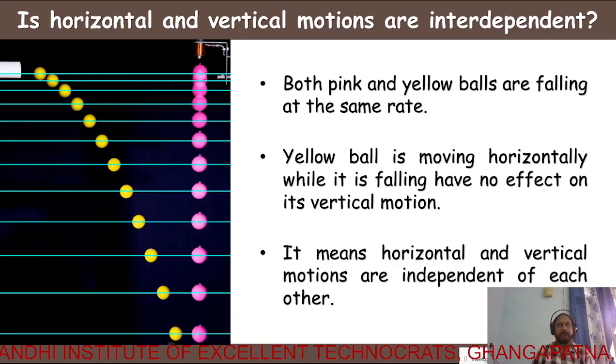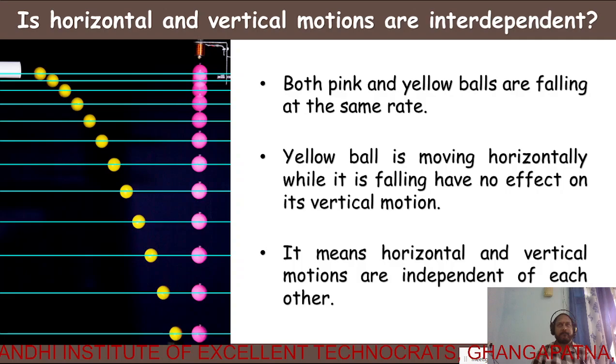But here this yellow ball, you can see all of you, how is it fired? I am drawing here, you see the red color line. How are these yellow balls fired? Horizontally.